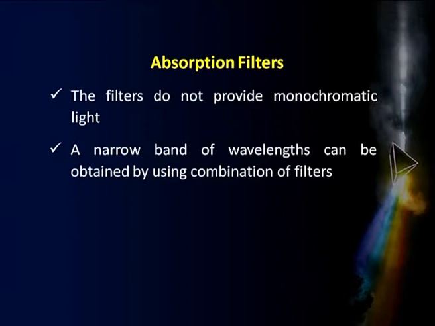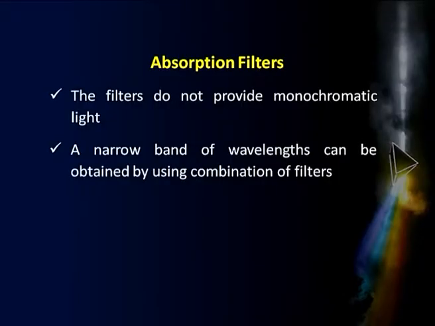White radiation is coming, a very broad range, this filter chops off a little of it, something narrower comes out, I put another filter there, still narrower. So, I can use a combination of filters to get a relatively narrow band of wavelengths. That is possible, but all said and done they are still very crude components to be used in measuring devices.